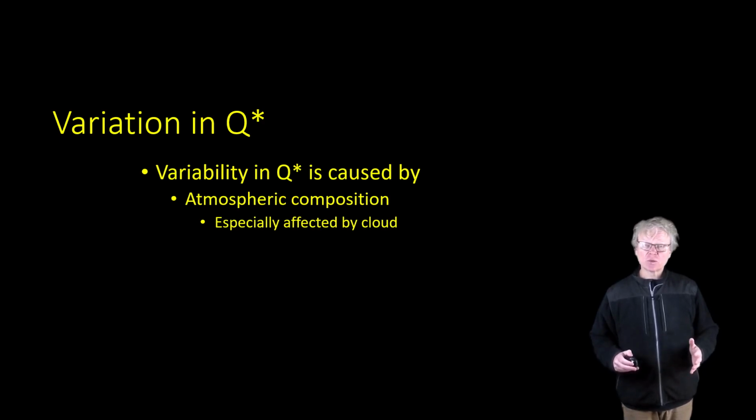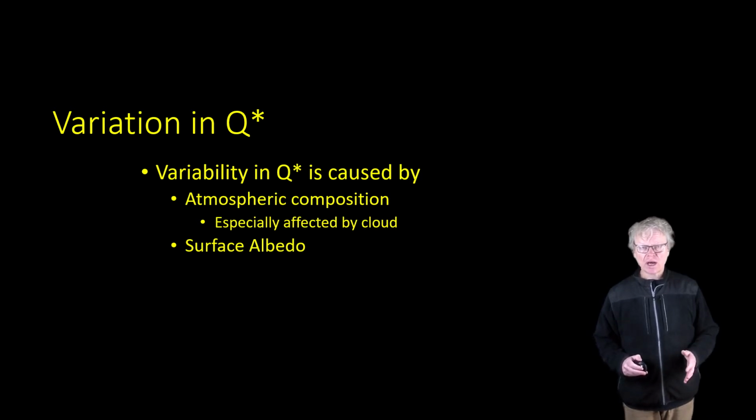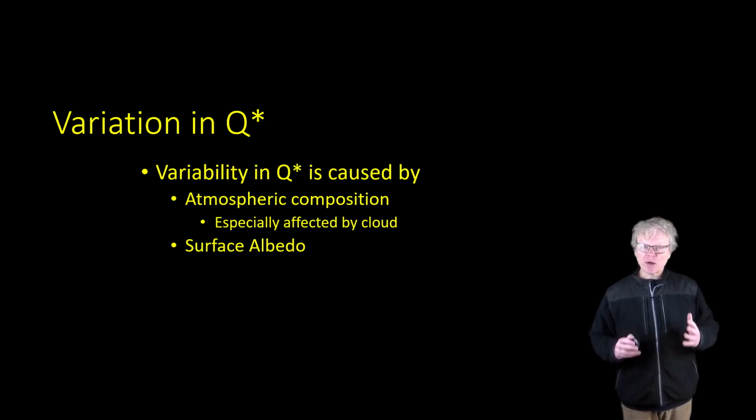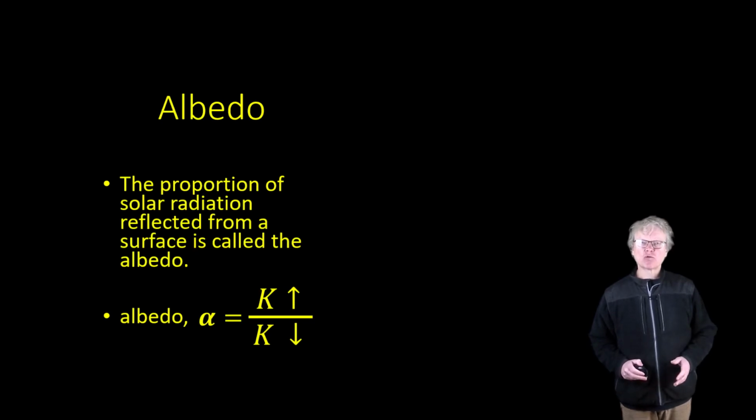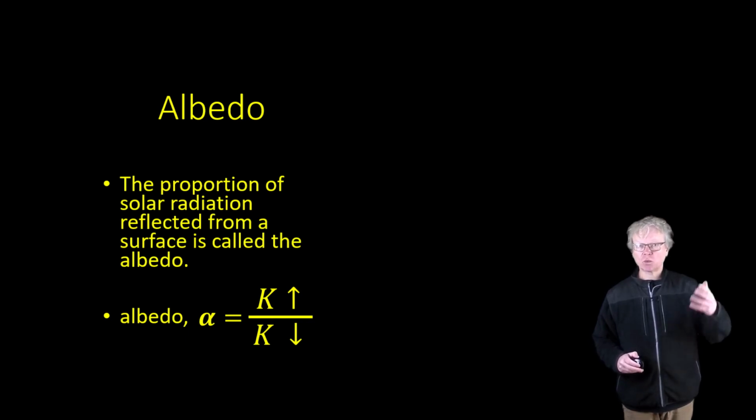The other is what's known as surface albedo, and that's just a fancy word for how much energy is reflected. And it differs depending on various factors. So the albedo is just the proportion of solar radiation reflected from a surface. Okay, so it's just the relationship between what comes in and what goes out.